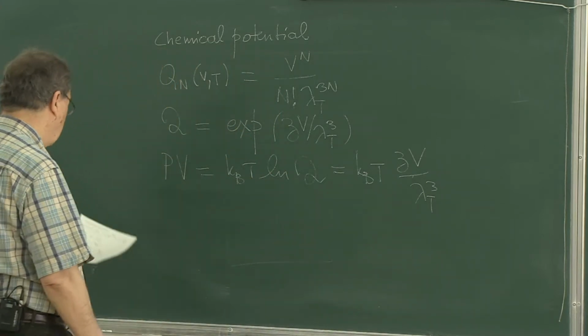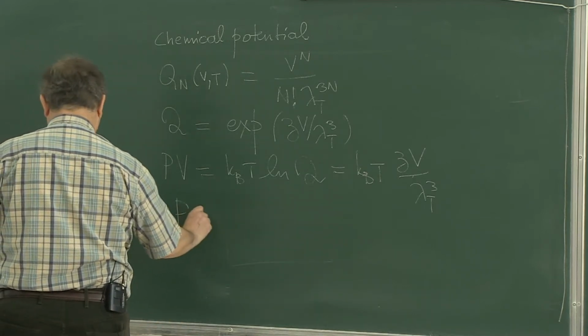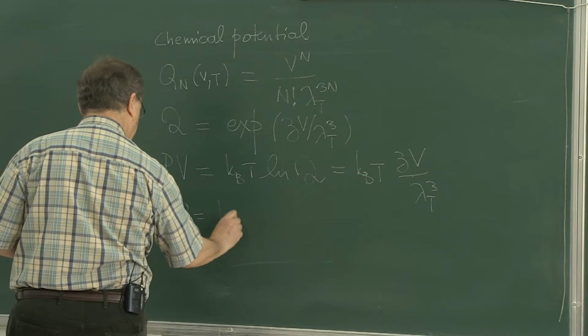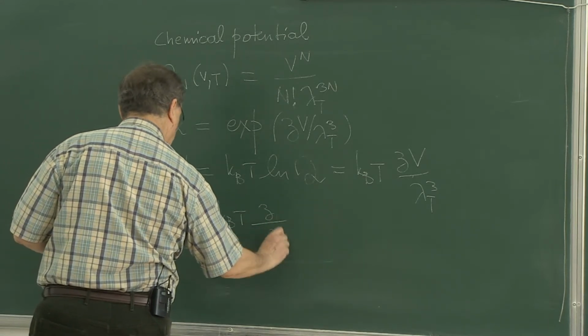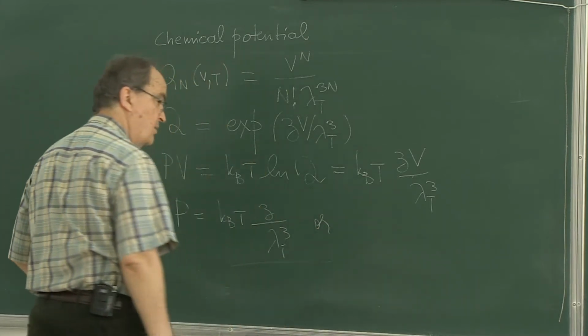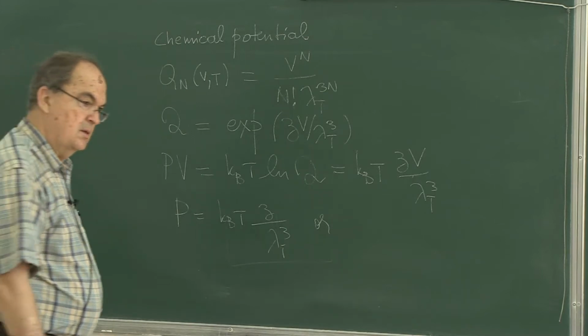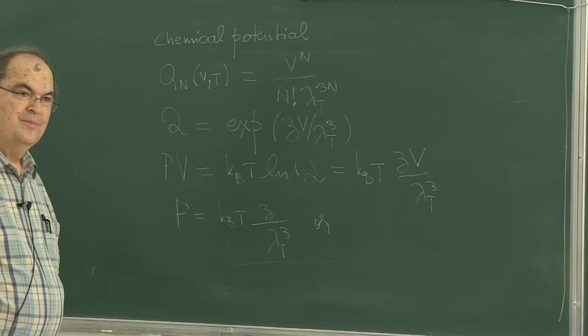So we can write pressure as k_B T z over lambda_T cubed, or we can invert to get z. The chemical potential is in z, you know.